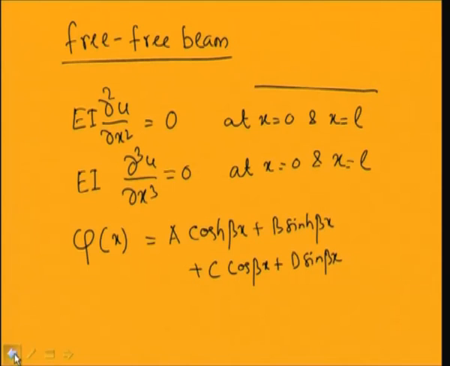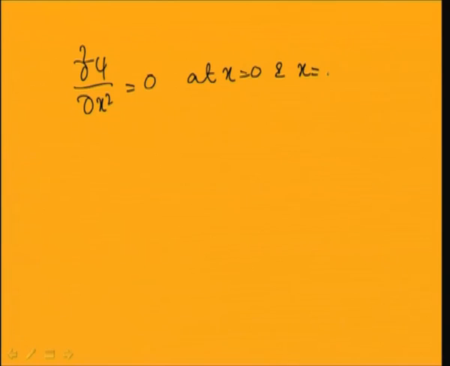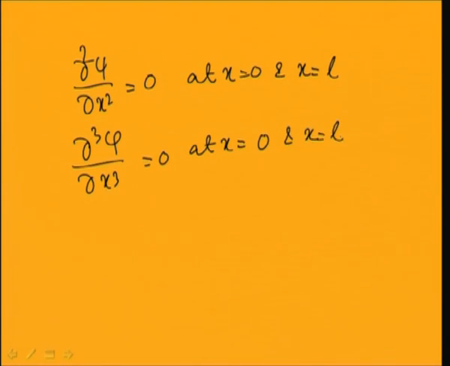As bending moment and shear force are 0, I can write del square psi by del x square equal to 0 at x equal to 0 and x equal to L. Similarly, del cube psi by del x cube equal to 0 at x equal to 0 and x equal to L.